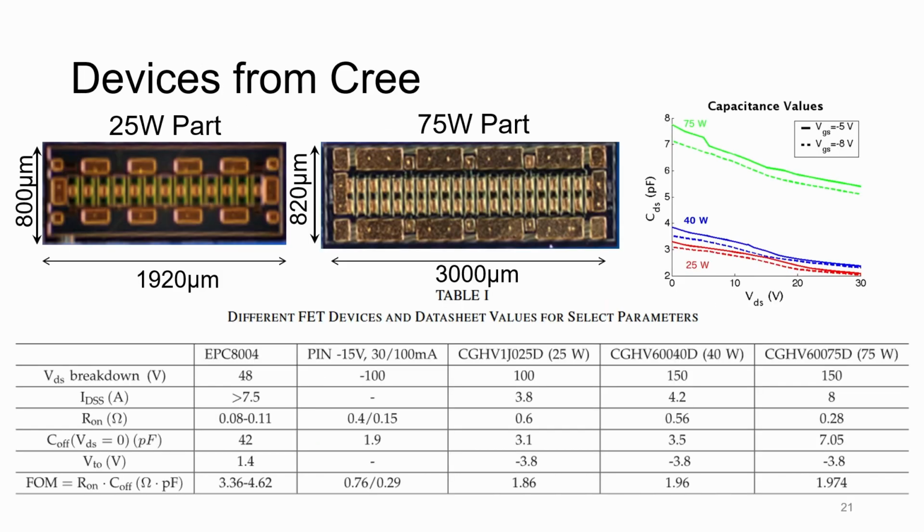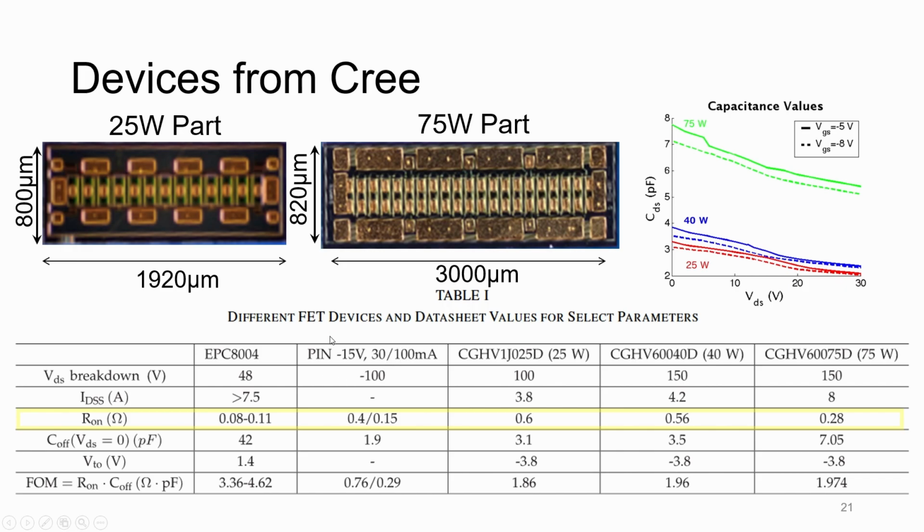Now there's a lot of numbers on here, but don't worry, I'll walk you through it. So here are pictures of the actual die for the Cree devices that we were using in our experiments. Now in this chart, okay, we have the GaN FET that have been used in past works for Q-spoiling that we will compare with our devices. Here are the properties for the PIN diode.